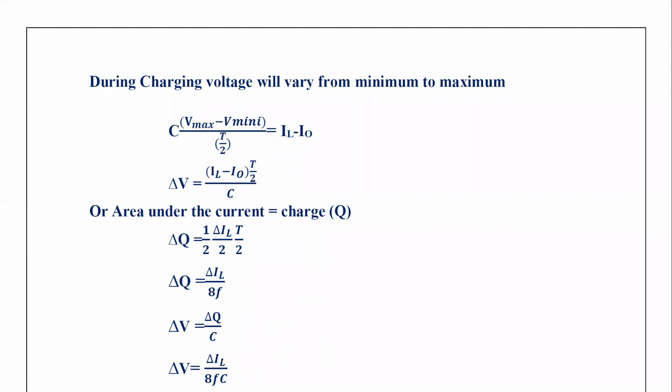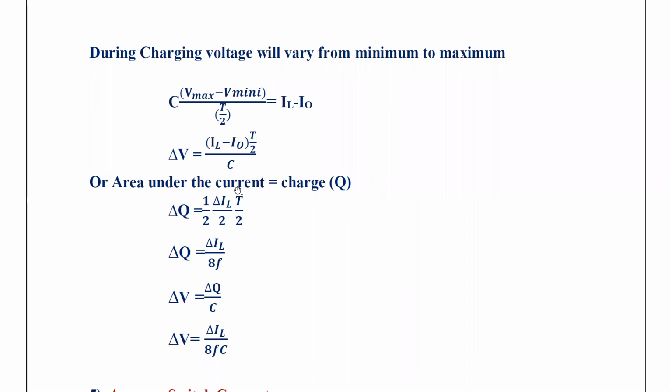Therefore the equation is C dV by dt equal to IC. So dV by dt, the change in voltage from minimum to maximum over half of the time period T by 2, is equal to IC, which is IL minus I naught. So the change in voltage delta V is equal to IL minus I naught, into T by 2, divided by C.